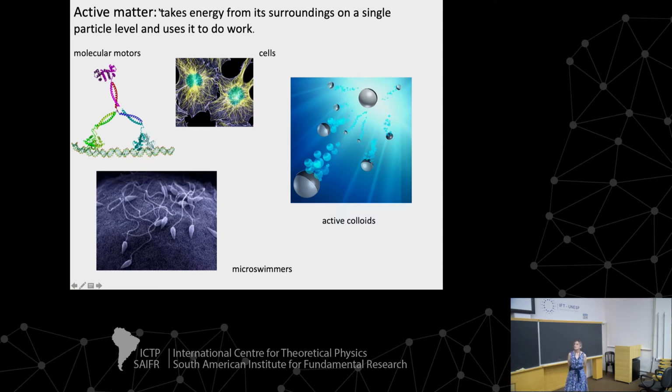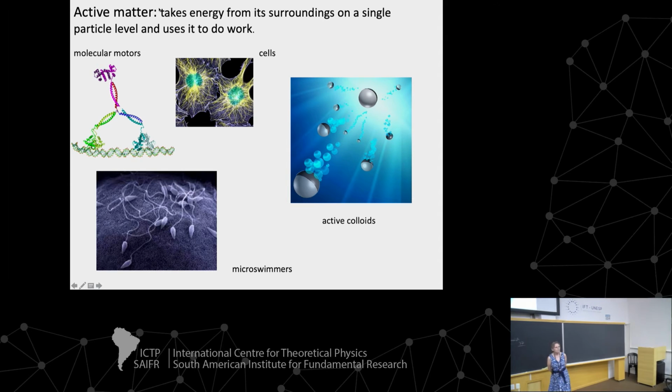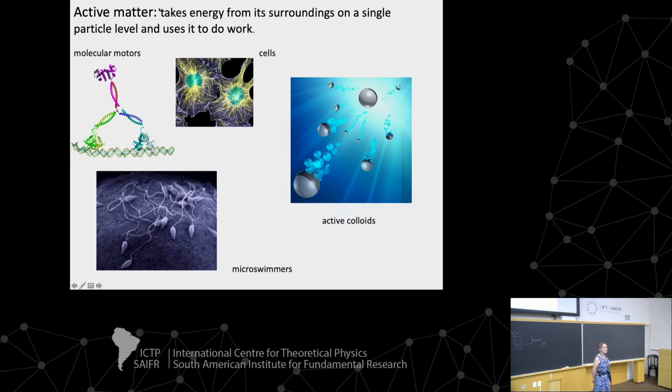What is active matter? Well, we've really heard from Ralph what active matter is. And to me, the way I like to describe it is it's systems which are continually taking energy from their surroundings and using it to do something like move, using it to do work. And they do that as individual particles.